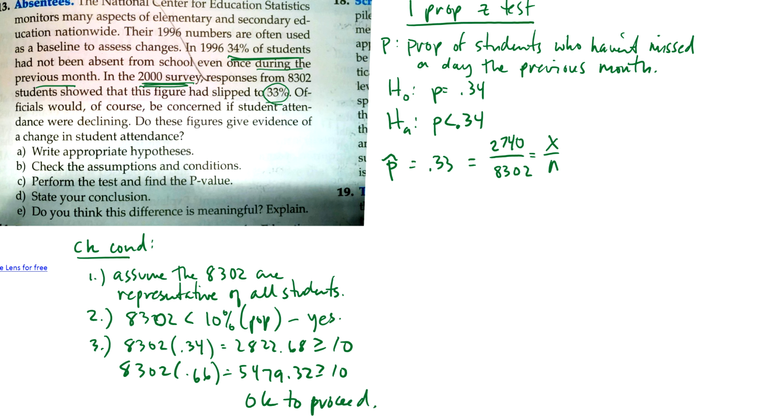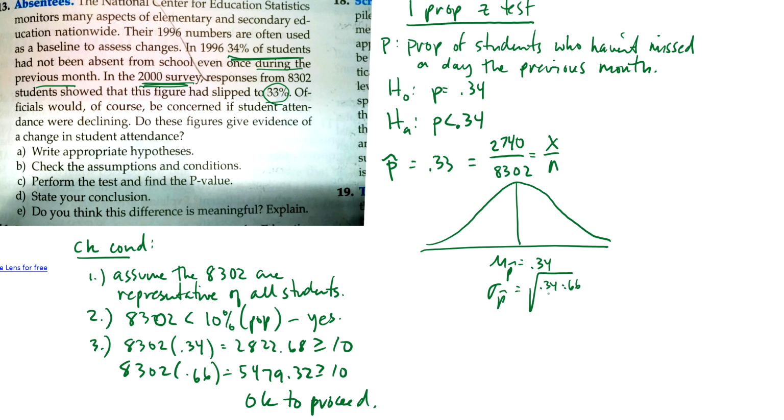Okay, so here's the test. I know my p hat distribution is approximately normal. The mean is going to be 0.34. The standard deviation is going to be the square root of 0.34 times 0.66 over the sample size 8302.